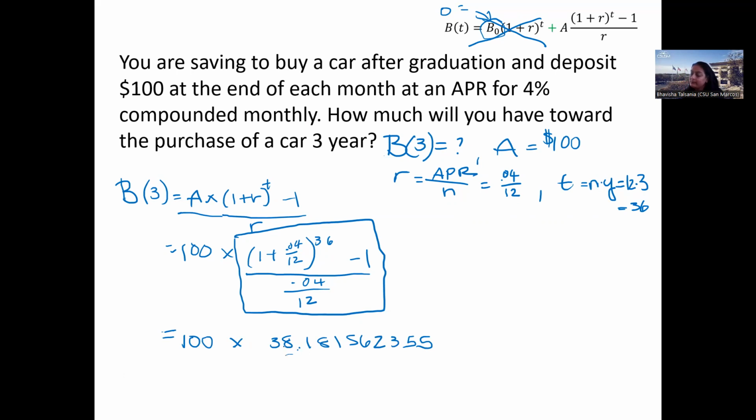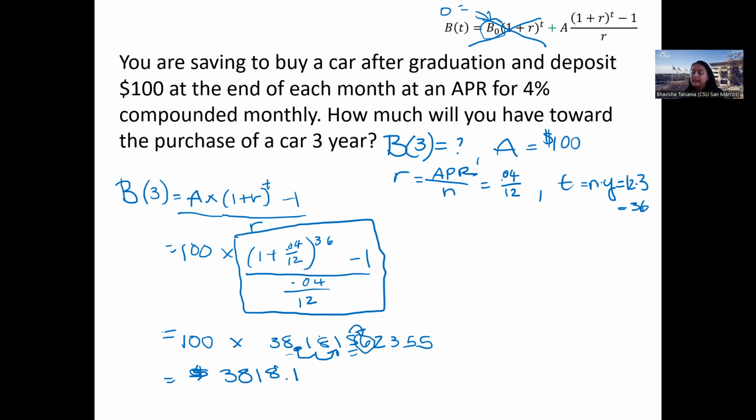And then, we're multiplying it by 100. So I'm moving this decimal place over 2. So I'm looking at $3,818.01. And again, if we want to do the rounding for the second decimal place, we have to look at the third.